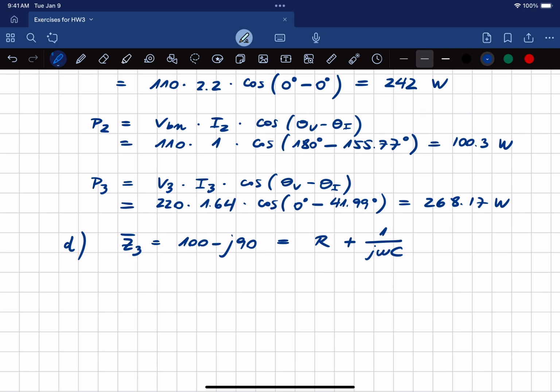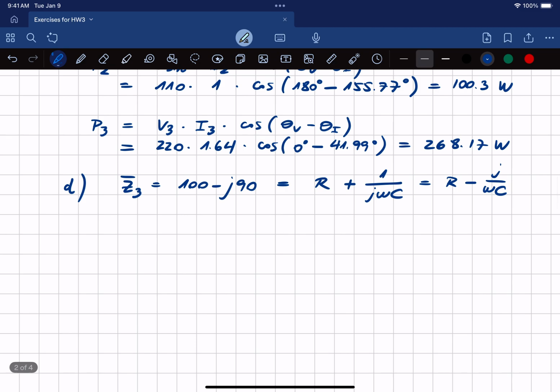Which is the same as saying this is equal to R minus J over omega C, whatever the R and C are going to be. So for R, we can simply match real part with real part, right?